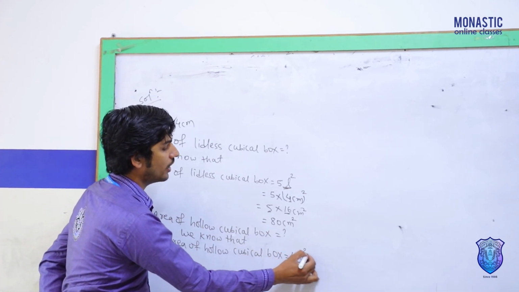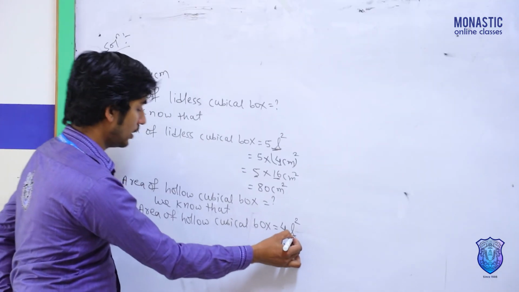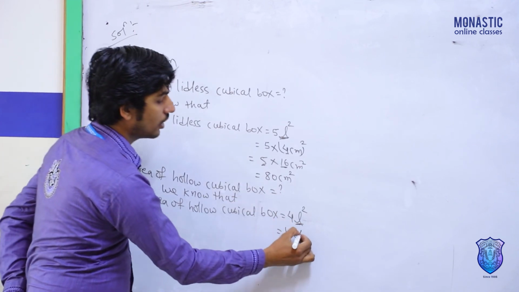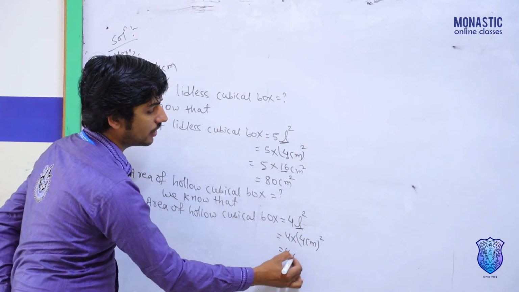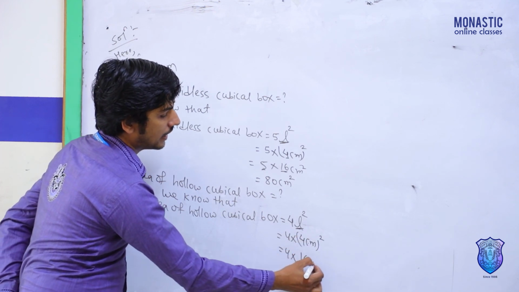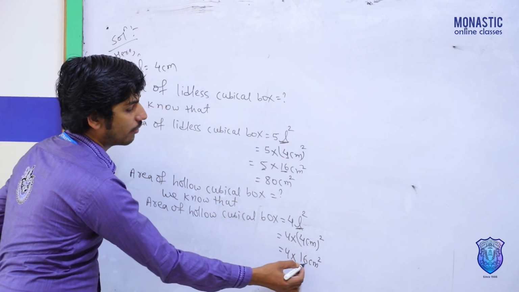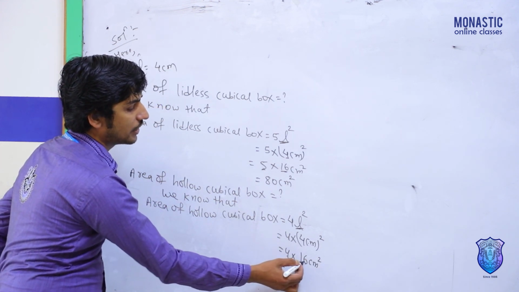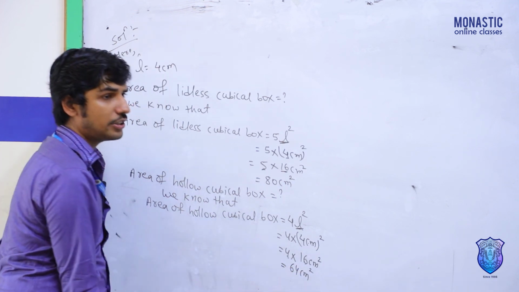That is 4L square, means 4 into length how much? 4 centimeter whole square. It means 4 square how much? 16. Centimeter into centimeter, a square centimeter, and multiply both, how much? 16 4s are 64 square centimeter.